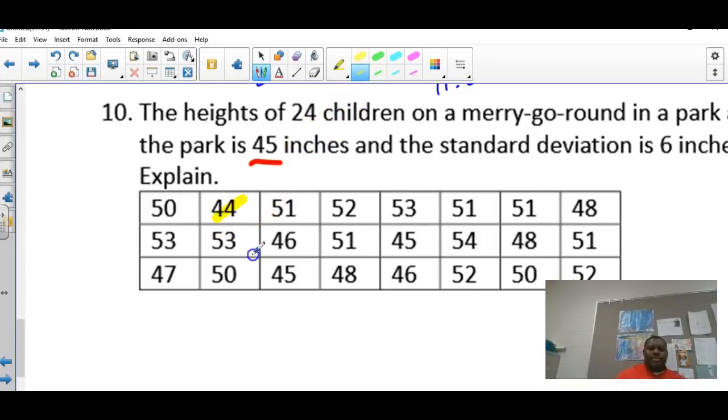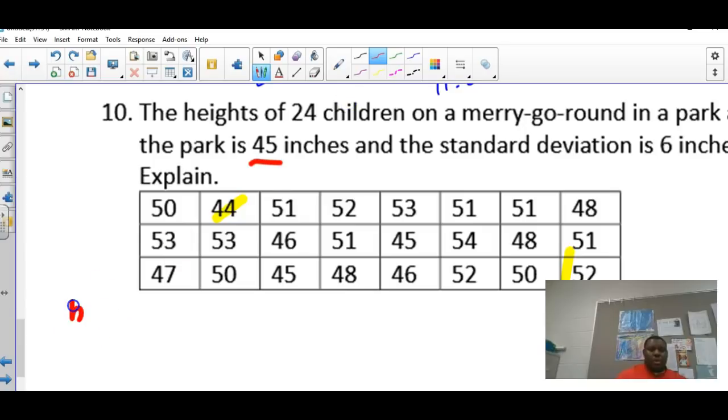So 1, I see 1 kid. Did I overlook it? Nope, 1 kid is below 45. Just 1 stinking kid.